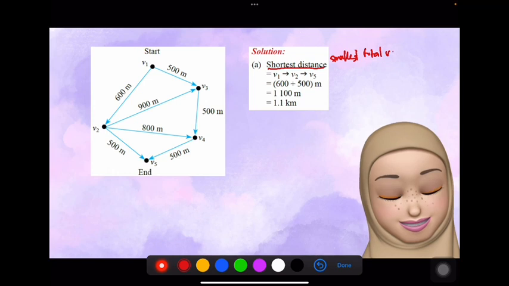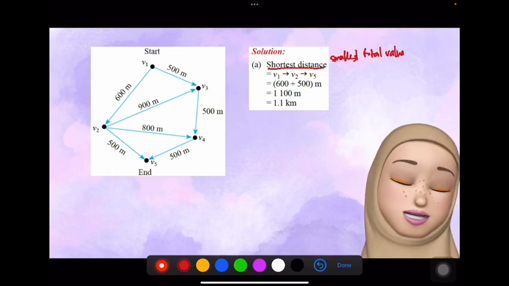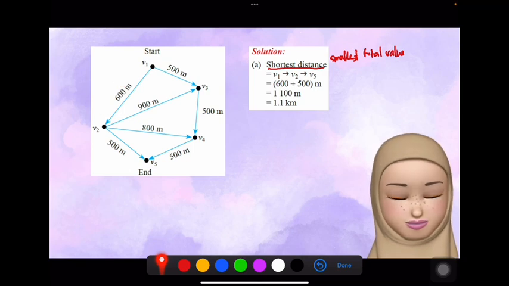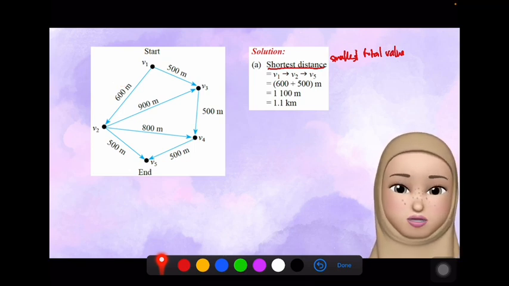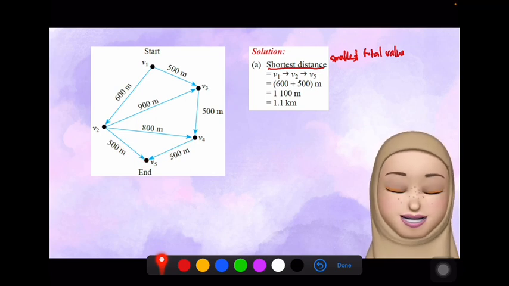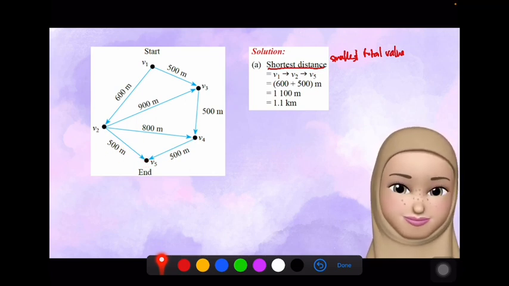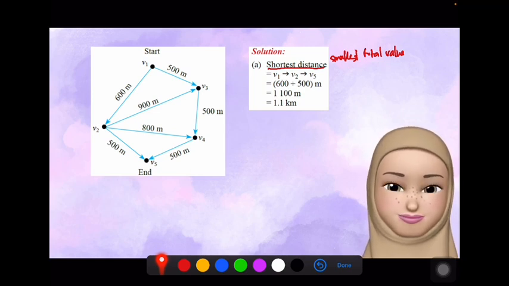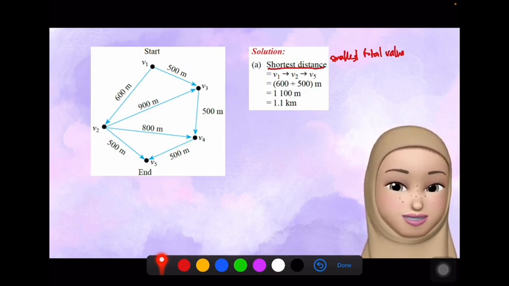As you can see here, if we move from V1 to V2, it will take 600 meters. And then we continue the movement from V2 to V5, where it takes another 500 meters. So the total distance is 1,100 meters, which is equal to 1.1 kilometer.